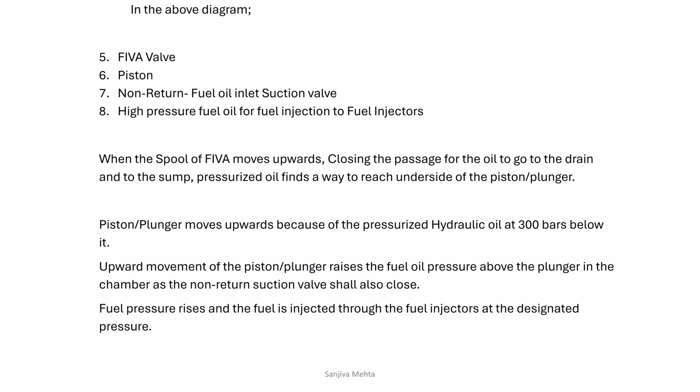The piston moves upwards with the pressurized hydraulic oil at 300 bar below it. The upward movement of the piston and plunger raises the fuel pressure above the plunger in the chamber, and the non-return suction valve also closes. Fuel pressure rises and the fuel is injected through the fuel injector at the designated pressure.